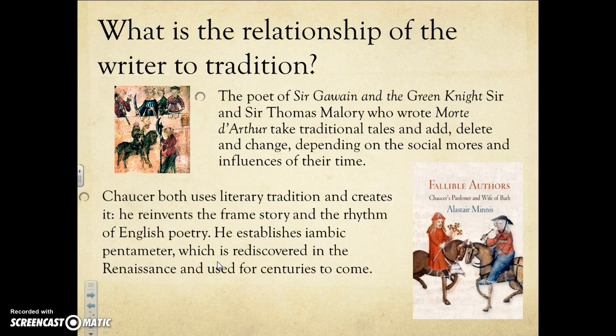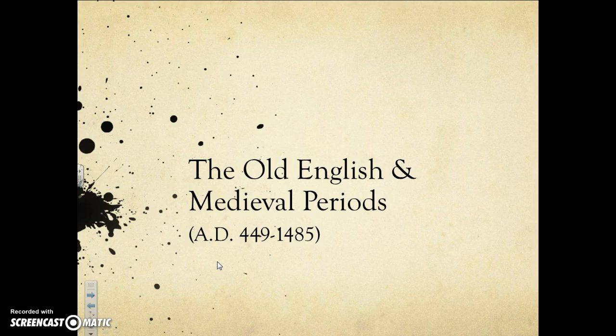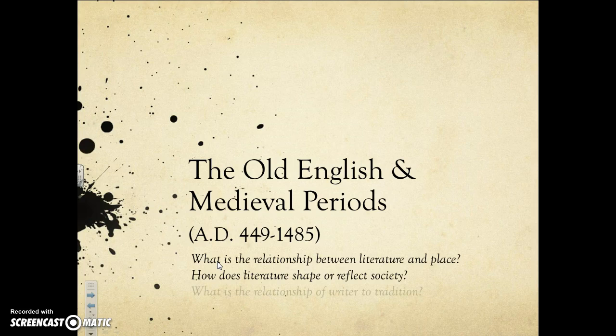He also established iambic pentameter, which you know from your study of Shakespeare in the past, which was rediscovered during the Renaissance. So when we look at Beowulf and we look at Geoffrey Chaucer's Canterbury Tales, we're looking at fundamental texts that have influenced the English language for many hundreds of years.